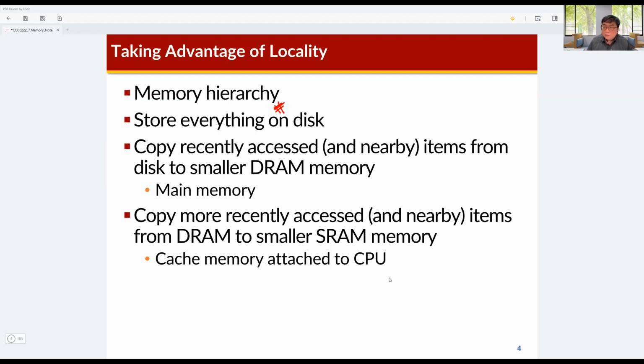Our data is stored in storage devices like SSD or HDD. And then if the computer is turned on, the data inside of this SSD or HDD is transferred to the main memory, DRAM.